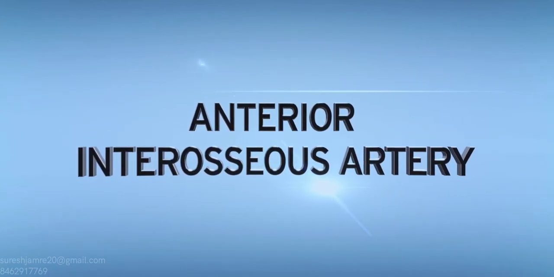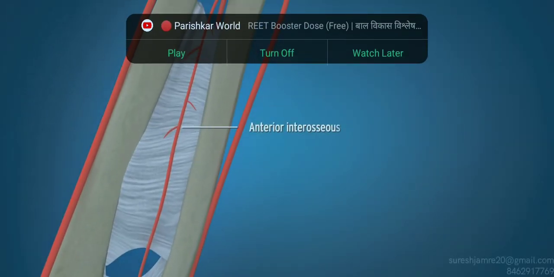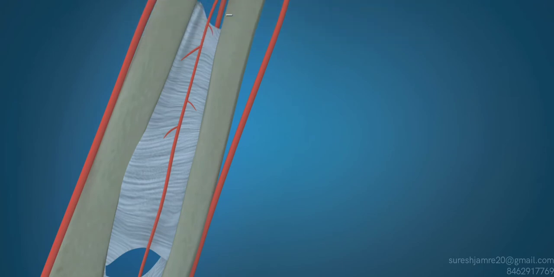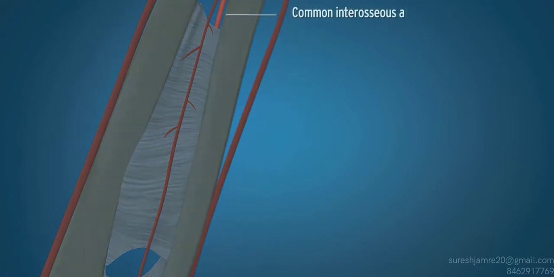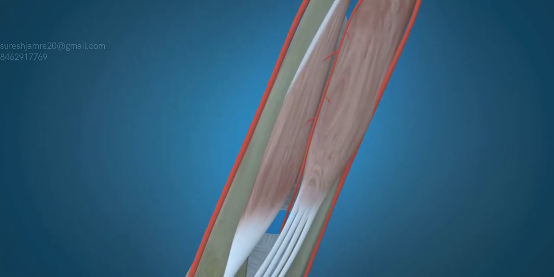Anterior interosseous artery. The anterior interosseous artery, also a branch of common interosseous artery, is situated in the anterior compartment of the forearm. It has numerous perforating branches that pass through the interosseous membrane and supply the deep muscles.